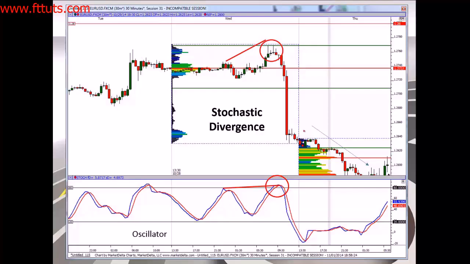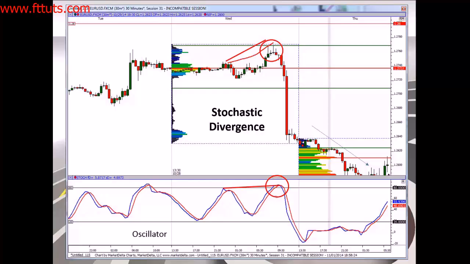Now, on top of that, we also have somewhat of a divergence on the stochastic. Let me talk a little bit about the divergence. Notice here, the last peak on the stochastic was here, and the next peak is just ever so slightly higher. But notice how the slope of the price action is significantly higher than what we see on the stochastic, and the high up here did not move quite to the same extent.